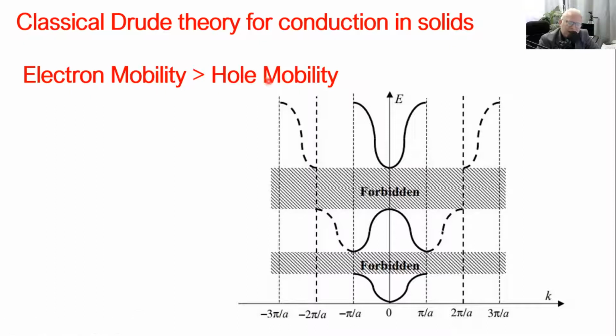I'm just mentioning this important note because later on in our course, I will ask you which device is faster, the NPN transistor or the PNP transistor. You will tell me, okay, the NPN BJT is a transistor where the electron is the majority carrier. We have n in the emitter and n in the collector side.